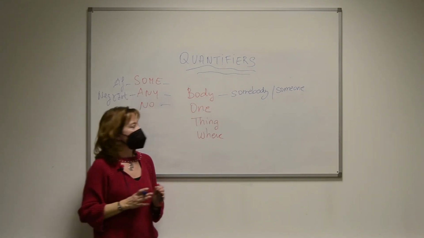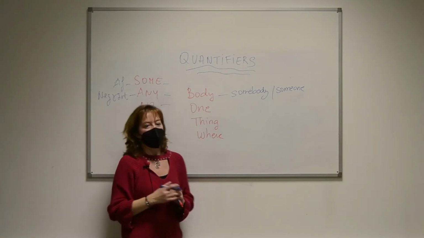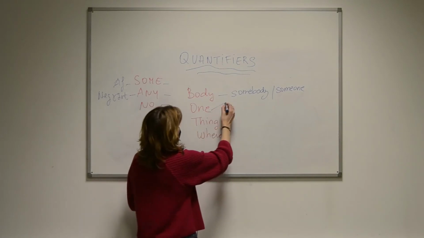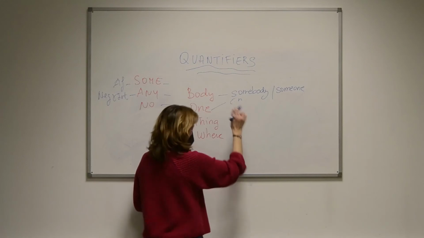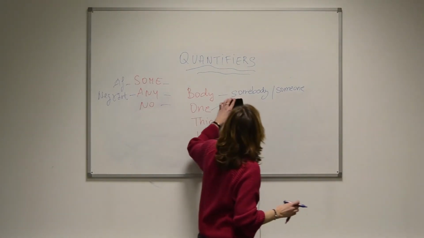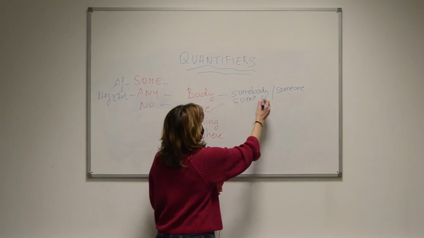Somebody is speaking, for example. Alguien refers to people. The same with someone. Someone and somebody mean the same.